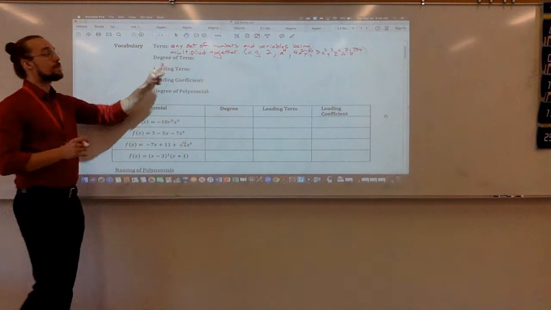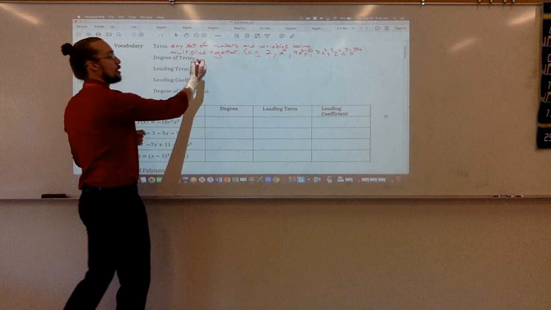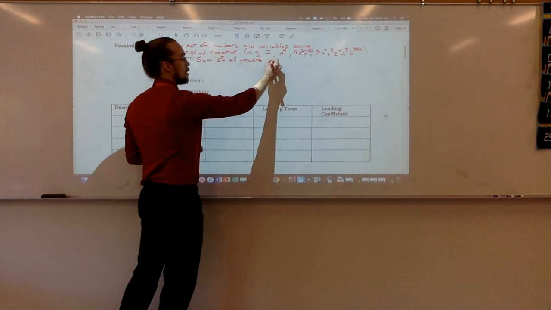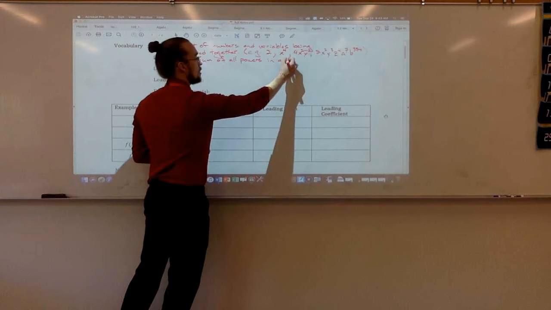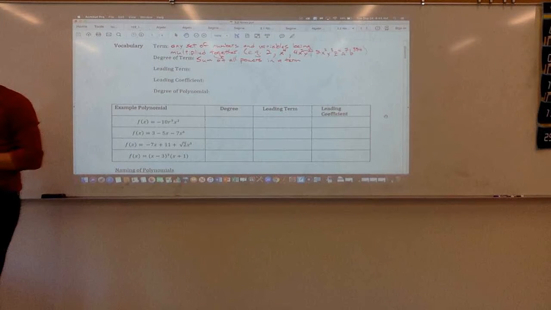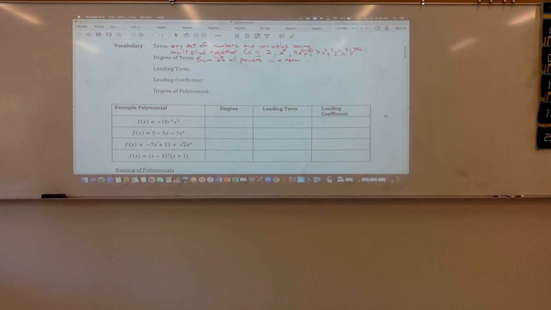So the degree of a term is the sum of all powers in a term. The degree of a term is the sum of all powers in a term.